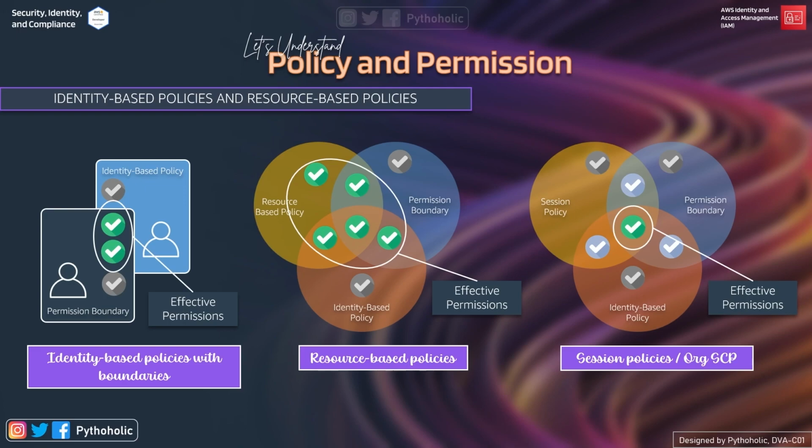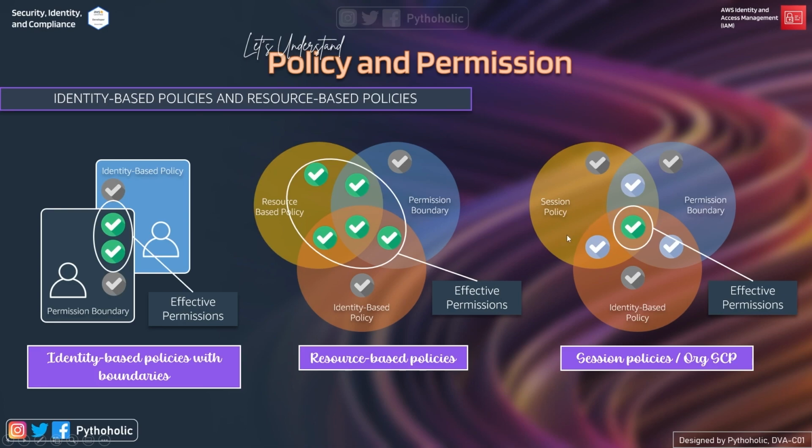And also if there is no policy there, then it means implicit deny. That is why if you see, even though this policy does not exist in the identity, but still if it is present in the resource based policy and the effect is allow, the permission will be granted, because this is a resource based policy and it does not depend on the implicit deny. That is why this is its effective permission.